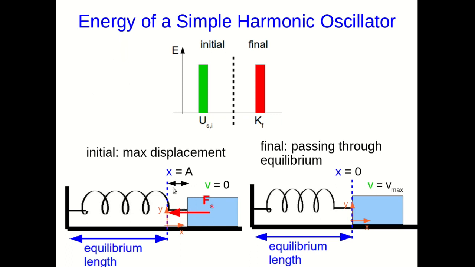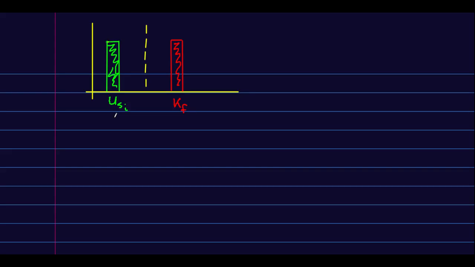And so we're going to have an energy bar chart that looks like this. Initially, it's not moving. It has a lot of spring energy. At the end, the spring is at equilibrium, and so there's no spring energy, and we've got a lot of kinetic energy. So let's use an energy analysis to get the maximum speed in terms of other things.